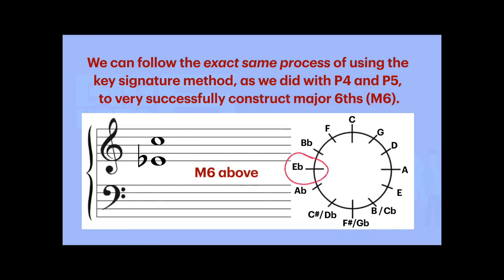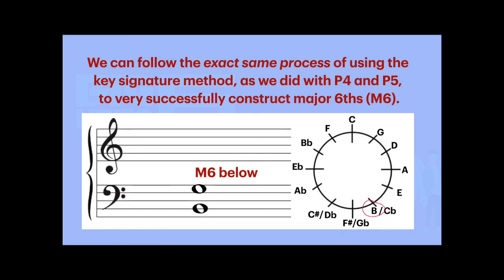In the key of E flat major, we have 3 flats: B flat, E flat, and A flat. C is not on that list of flats, so this already is a major sixth above E flat. What if we're doing a major sixth below? We'll count down space, space, space, plus 1 more, and that will put us on the B line.